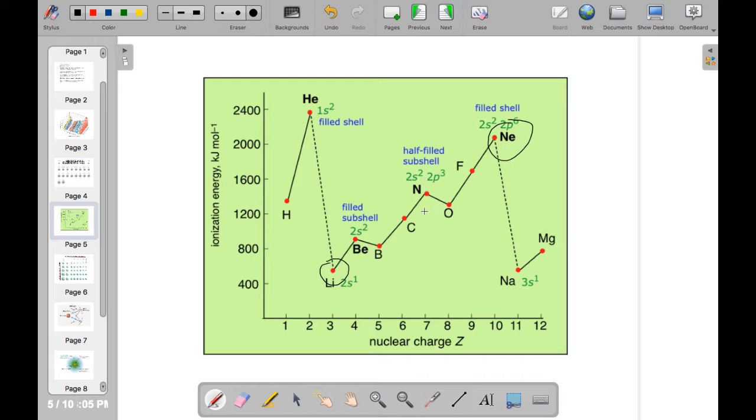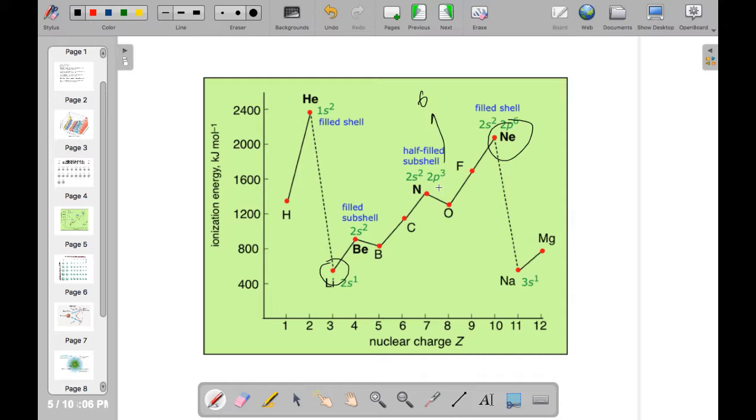Remember, what we're really talking about here is a bunch of charges interacting together. All of those electrons are negative and they're basically repelling each other, and the way that they're in the shells affects ionization energy. So for instance, if we get up here to nitrogen, now if you remember, the p subshell has a total of 6 electrons. And as you can see here, it's half full.